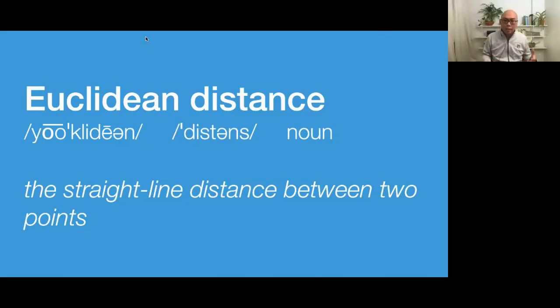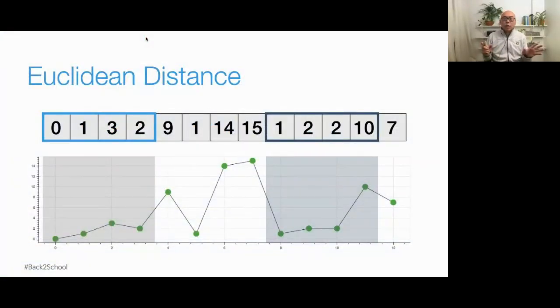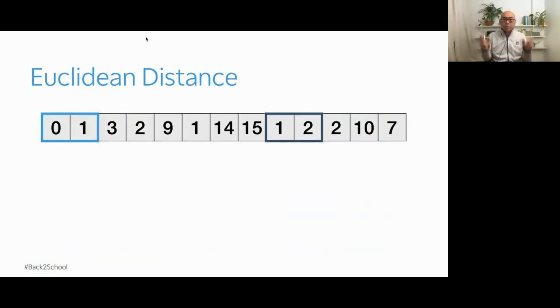So going back to our example here, maybe we don't start with subsequences of length 4. Let's simplify this and start with subsequences of length 2. We have the light blue one, we'll call that x, and it has 2 data points, x1 and x2. Similarly, the darker blue one is y, and has y1 and y2. We can plot these subsequences, with the blue one down at the bottom and y up at the top, and the Euclidean distance is simply the straight line distance between them.